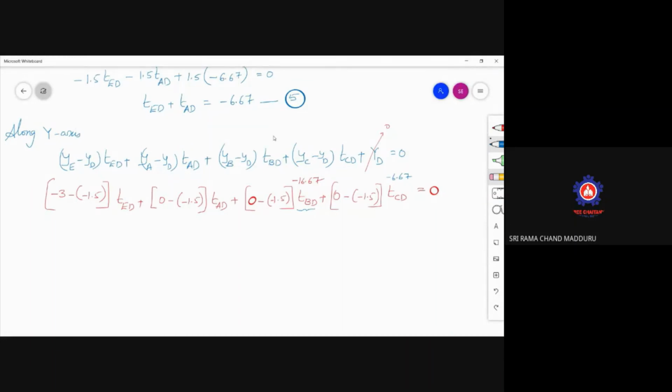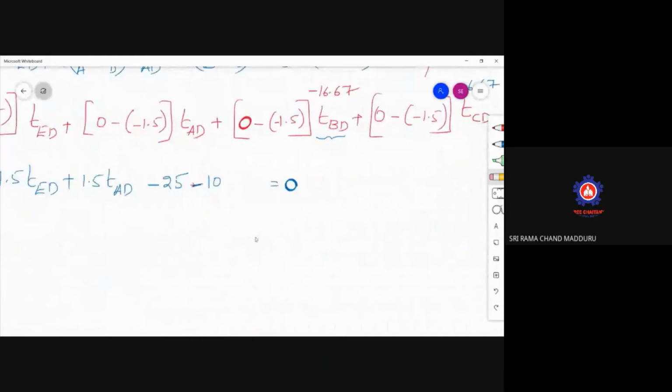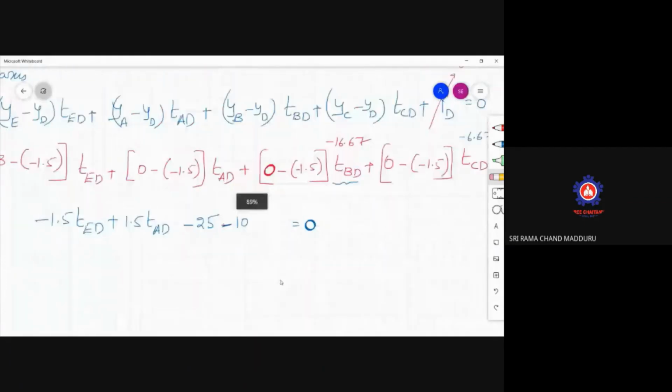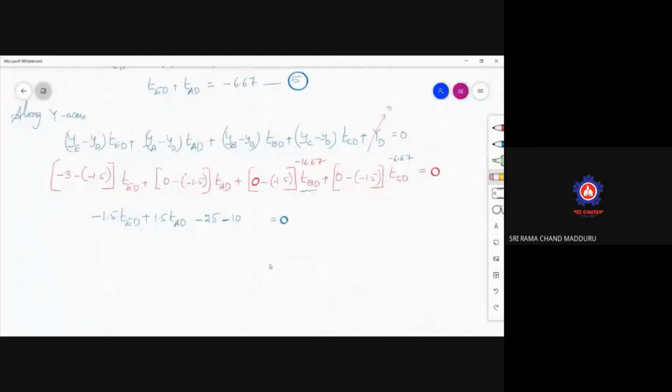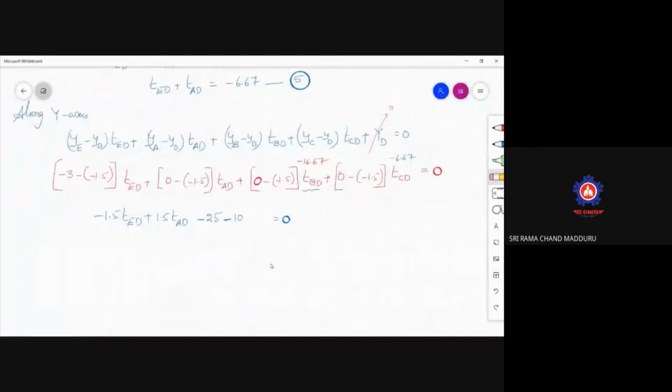So this is minus 3 plus 1.5, minus 1.5 into TED, plus 1.5 into TAD, minus into minus plus into minus. Minus 6.67 into minus plus 1.5, that is minus 10.